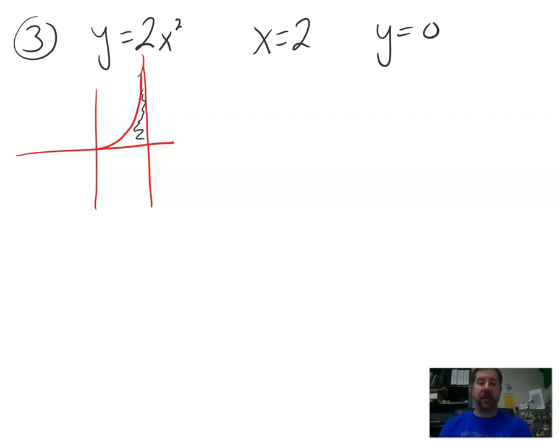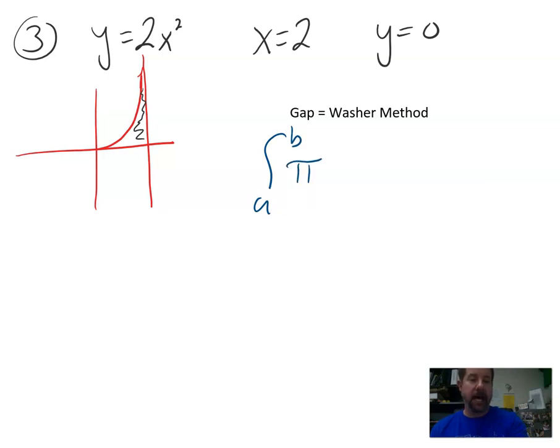In this case, because there's a gap, that means I have to use the washer method. And again, gap equals washer method. So the washer method is the integral from a to b of pi times big R squared minus little r squared.